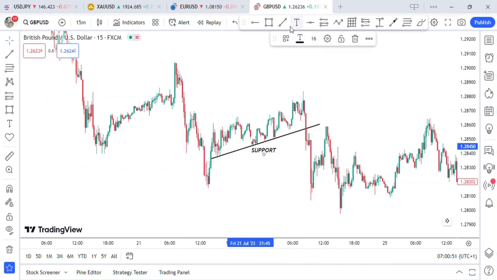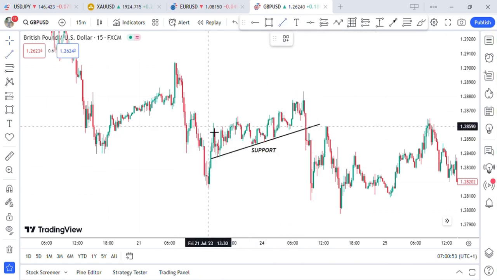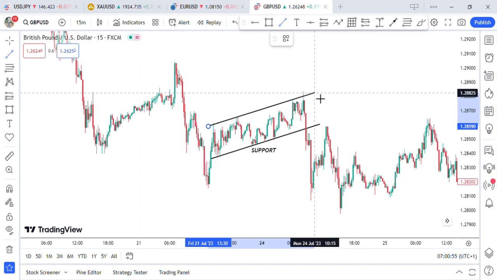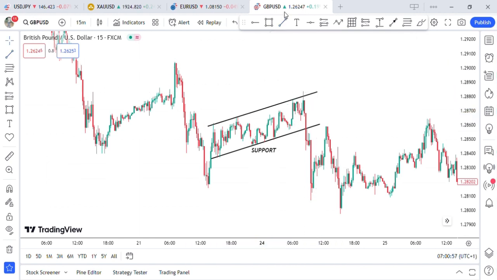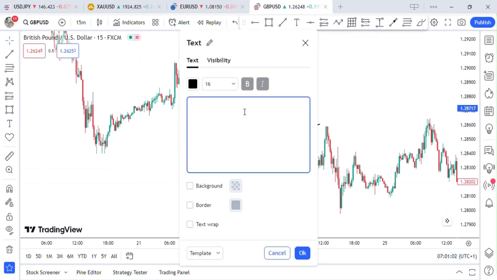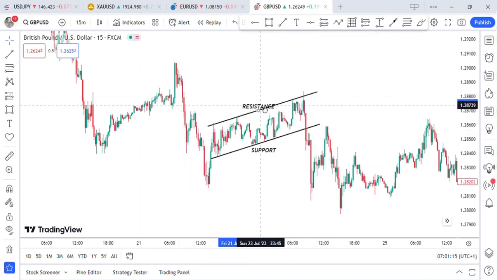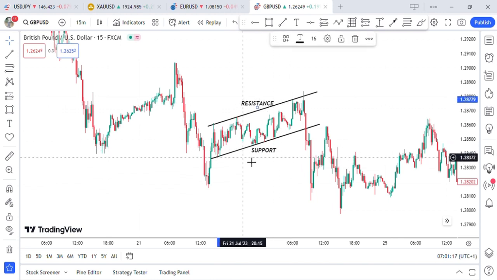Then they will also call this a resistance line. So this is what most YouTube traders teach on their channel on how to trade a bearish flag.